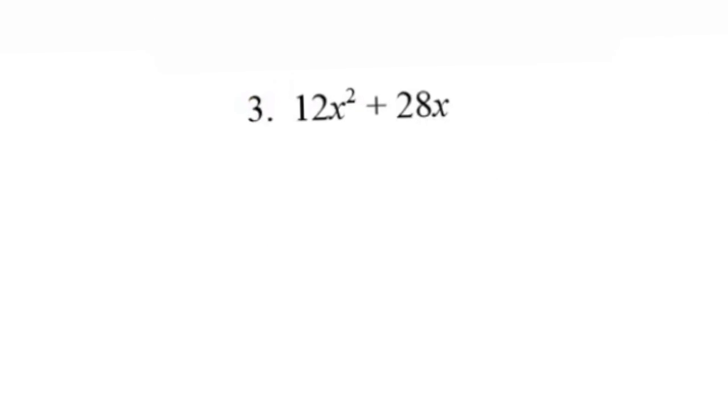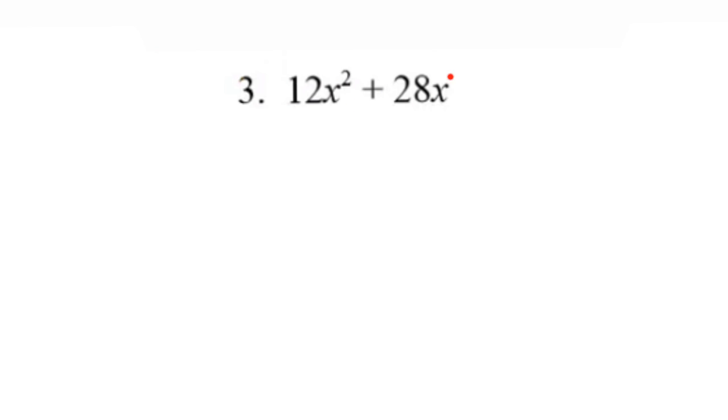This one is what happens when we have 12x squared plus 28x. What we're going to do is look for the GCF of the two terms. The key is to look for what divides both the 12 and the 28, and the x squared and the x.